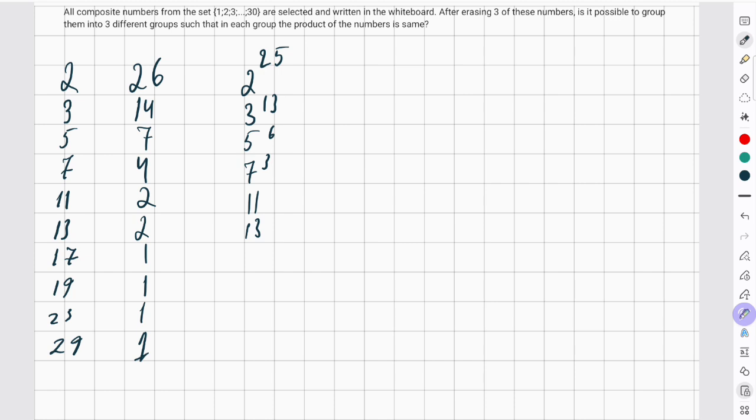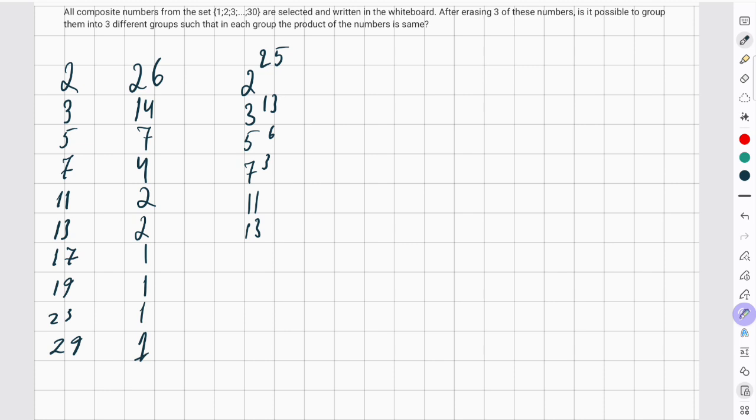When we divide the numbers, in the end each product will be the same, so the overall product will be the cube of some natural number, or positive integer. We can see that 7's power is 3 and 5's power is 6, and they are divisible by 3, so it is okay. We can divide these into 3 groups.